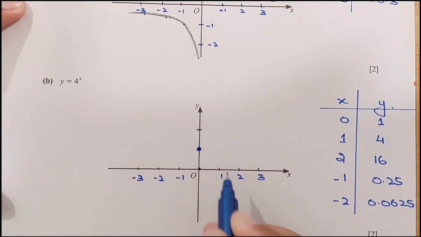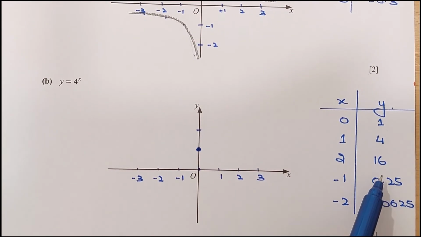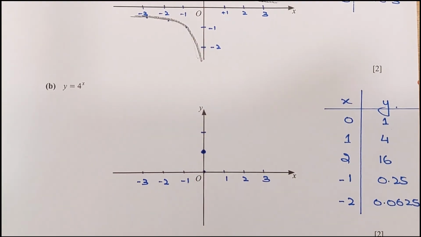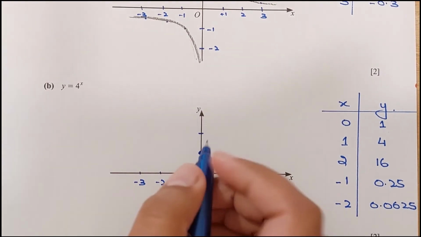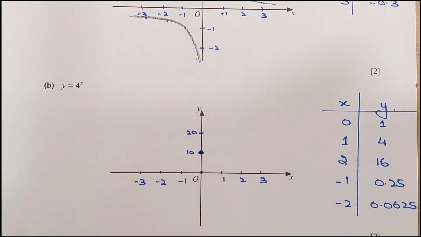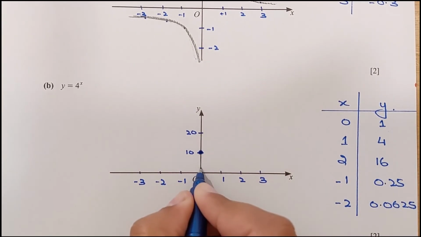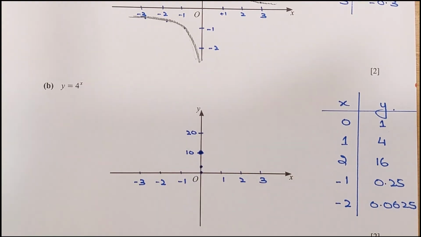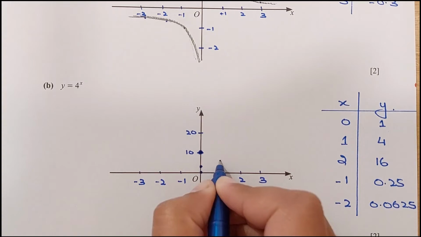And for y, because we have 16 here, fixing the scale as 10, this is 10 and this is 20, right? So when x is 0, y is 1, so 1 is over here. When x is 1, y is 4, a little bit above.